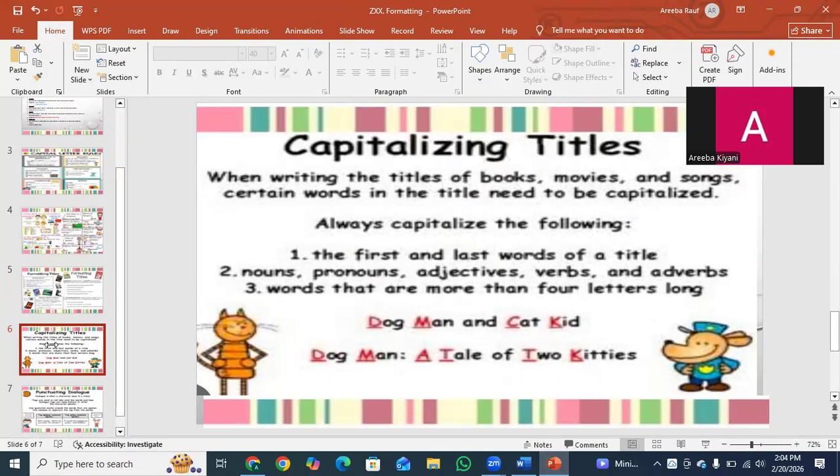Capitalize all the big or important words in the middle, such as nouns, verbs, and adjectives. Small words like a, the, in, or of are generally not capitalized unless they are the first or last word of the title.